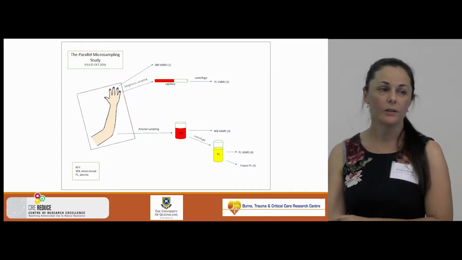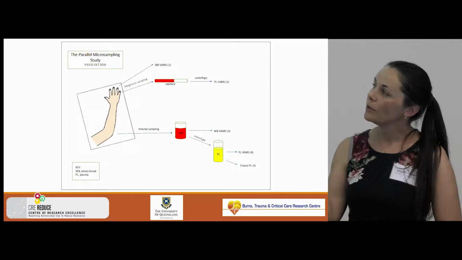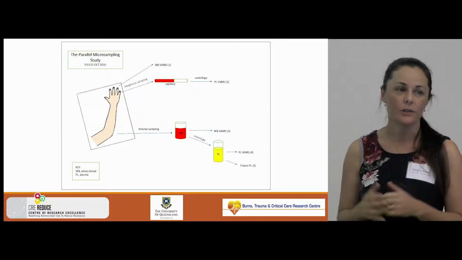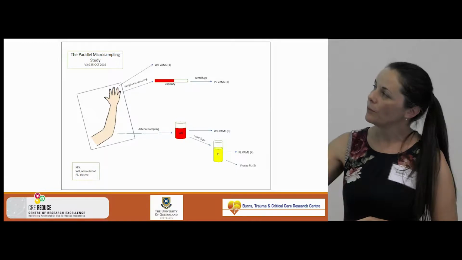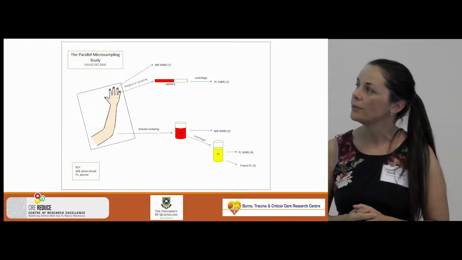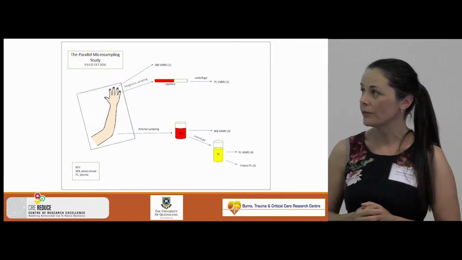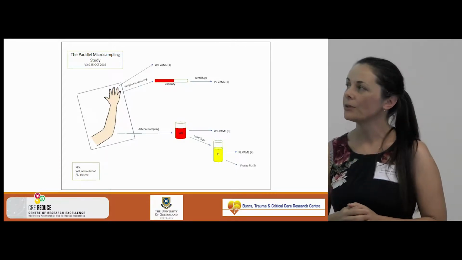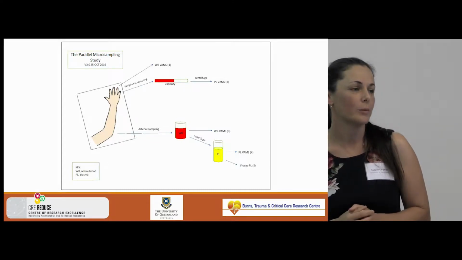We're then collecting an arterial sample, so this is 3 to 4 mils of whole blood, more our traditional sample, and we apply this to whole blood VAMS. We then centrifuge this sample, take the plasma, and apply this to a VAMS, but we also freeze it, and this is our liquid sample.